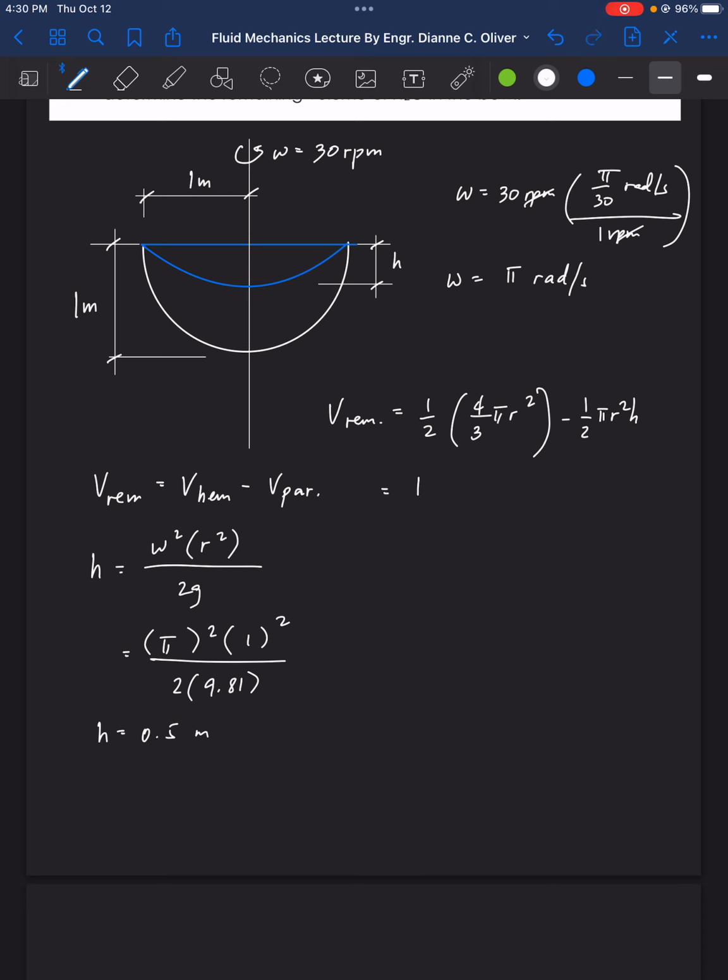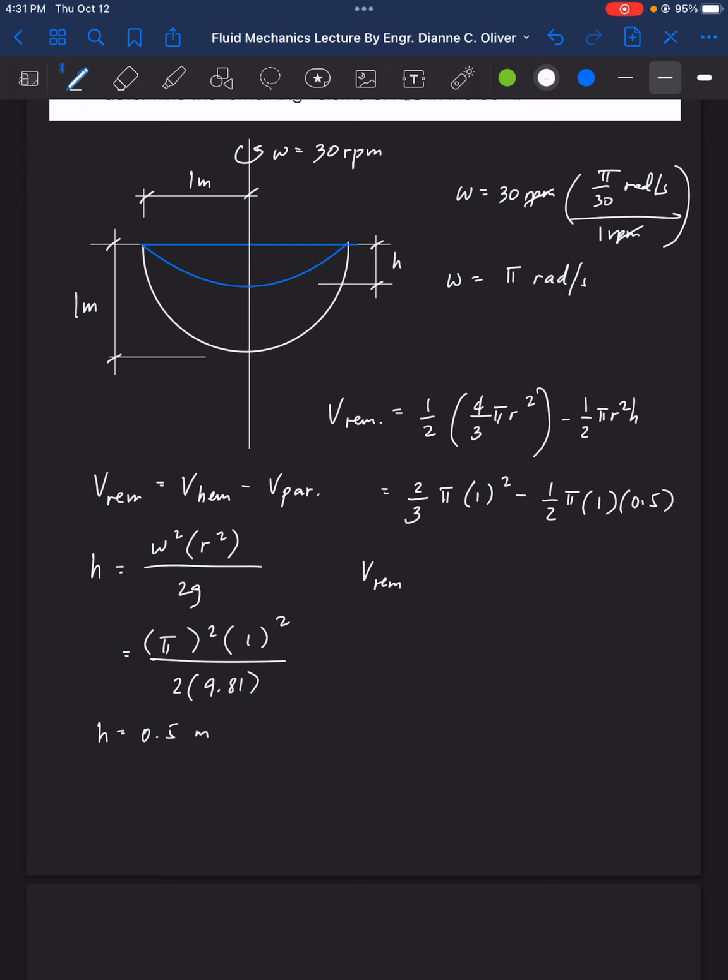So that is 2/3 pi r squared minus 1/2 pi r squared times the height of the paraboloid. The height of the paraboloid is 0.5.